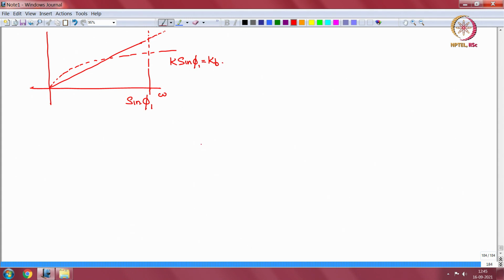If phi 1 is reduced, then sin phi 1 is reduced, then I have to be at a higher frequency to match the free wave number. This is my free wave number line and this is my acoustic wave line.